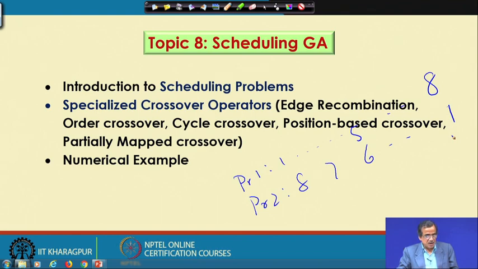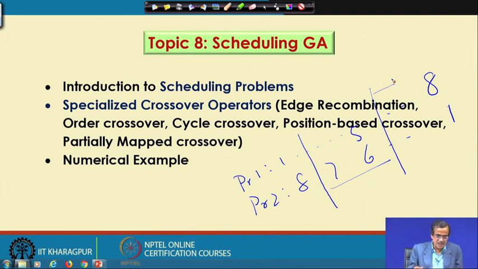So, what we do in this order crossover is we try to select two crossover sites at random, and to get the children solution, something we copy directly from the parent and the rest of the things we take from the other parent. So, this method we follow, and this I have already discussed in much more details with the help of some example, that is the principle of order crossover.